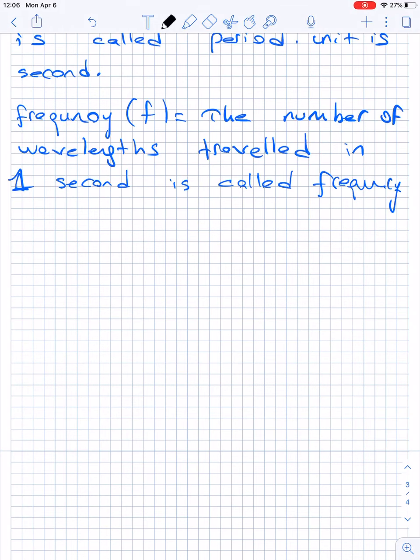Please remember, what is the relationship between the period and frequency? Always period multiplied by frequency is equal to 1.